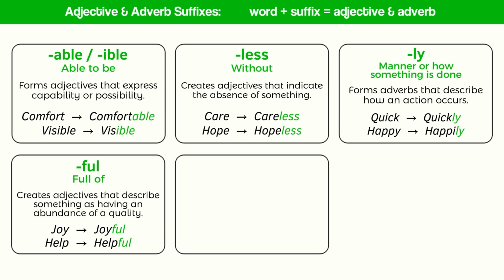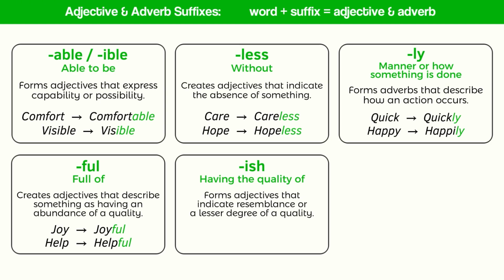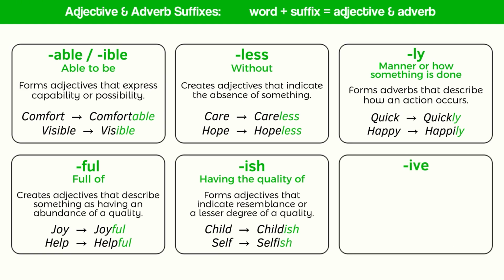The suffix ish means having the quality of. Forms adjectives that indicate resemblance or a lesser degree of quality. Examples: child, childish; self, selfish. The suffix ive means tending toward a certain quality.